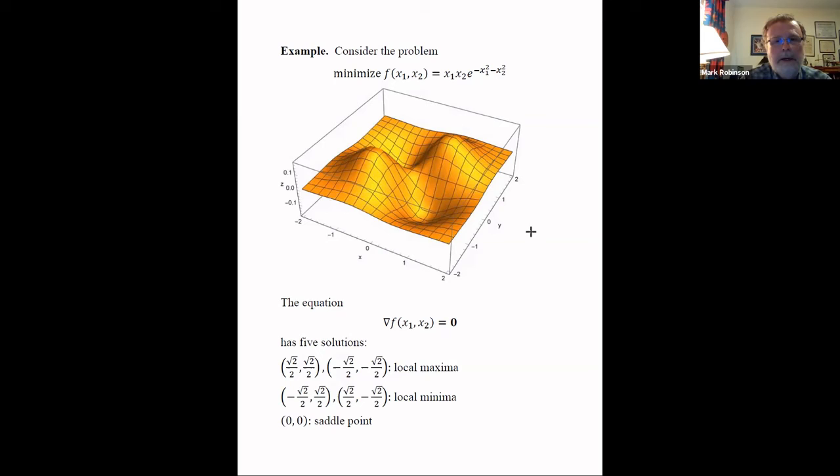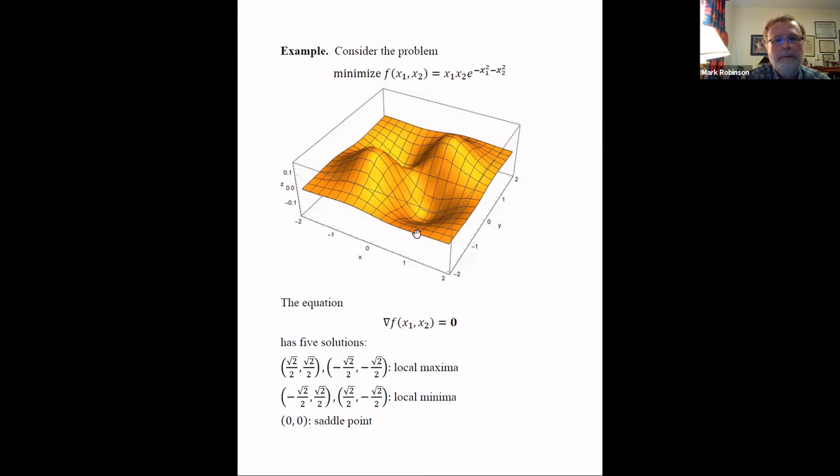optimization for a function of two variables, because what you do in this kind of problem is you're seeking, of course, the critical points, right? Critical points are where the gradient is zero, where your partial derivatives with respect to x1 and x2 are simultaneously zero. And you end up in this particular example with 5 such points.